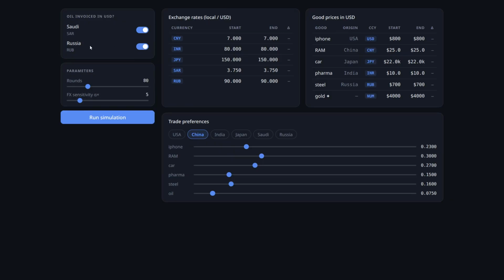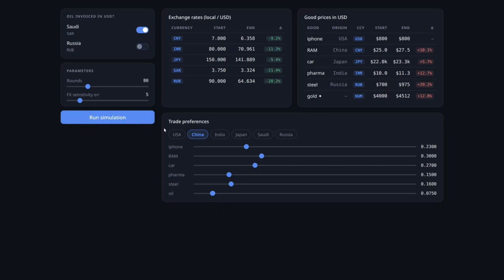Here, Russia is selling their oil in US dollars. But what happens if they don't? So I can turn that off and let's see what happens. If Russia decides to not sell their oil in US dollars, then everything in United States becomes more expensive.